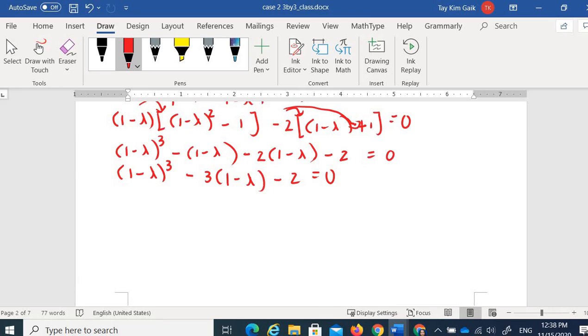And then you expand and simplify. So expand 1 minus lambda cubed, you will have 1, so minus 3 lambda plus 3 lambda squared minus lambda cubed. And then this is minus 3 plus 3 lambda, so minus 2 equal to 0.